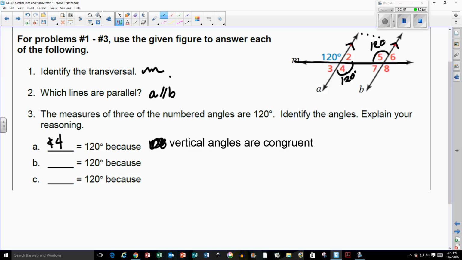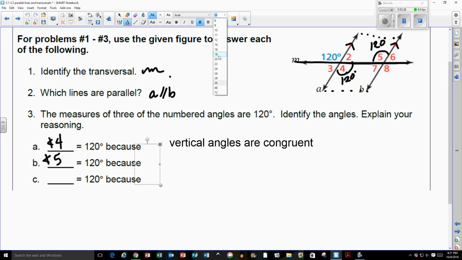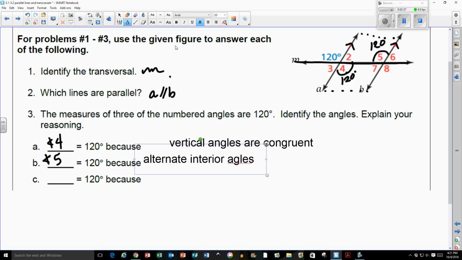And see how if I were to connect my parallel lines, they're inside the parallel lines? So they would be considered alternate and interior. So I'm going to go with number 5 because alternate interior angles are congruent. Alternate because they're alternating on each side of the transversal, and interior because they're inside the parallel lines.